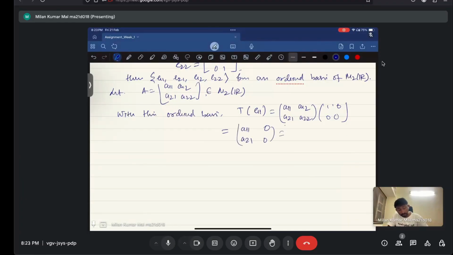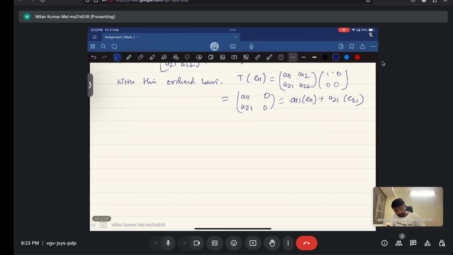Therefore what we are getting is A11 E11 plus A21 E21. Similarly, T of E21 will be A12 E11 plus A22 E21.